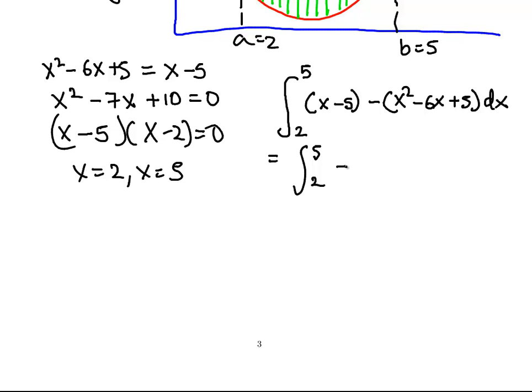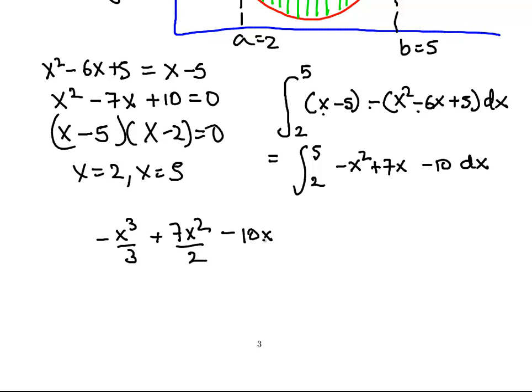That is minus x squared minus 7x minus 10, or plus 7x. Again, watch out for the signs. We have an x there, and we have a minus here, and a minus here. So minus and minus is plus, dx. So that is equal to minus x cubed over 3 plus 7x squared over 2 minus 10x. And we evaluate that at the upper and lower bounds, 5 and 2.